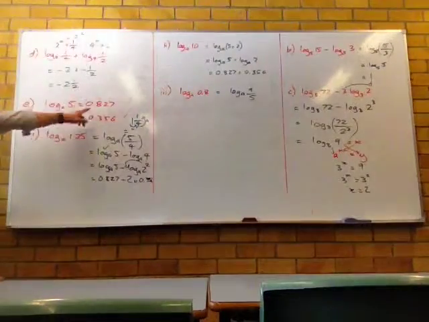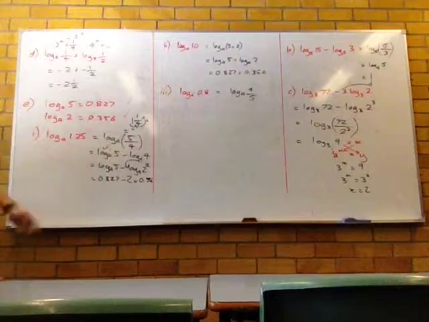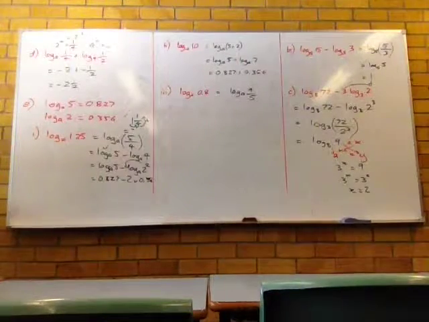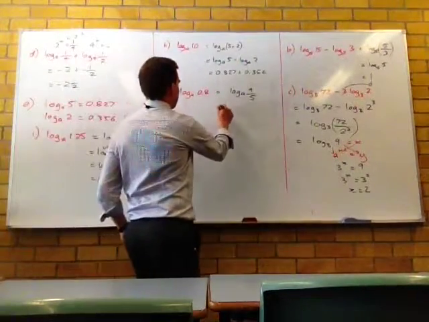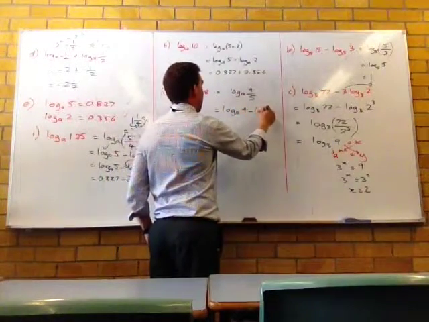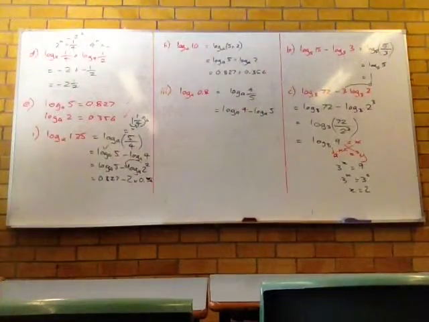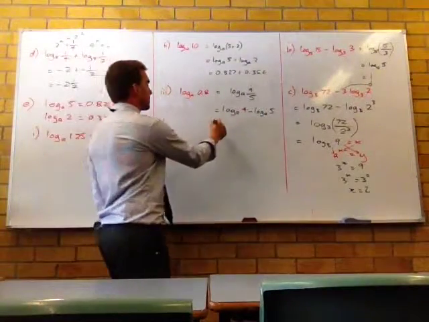Okay, and I've just about got everything I need. It's very similar to what we did here, just a reciprocal. So log base a of 4, take away log base a of 5. The order is important. Numerator take away the denominator.